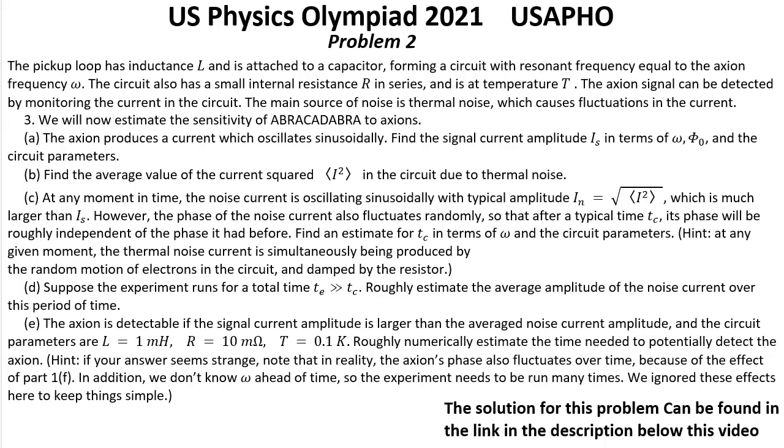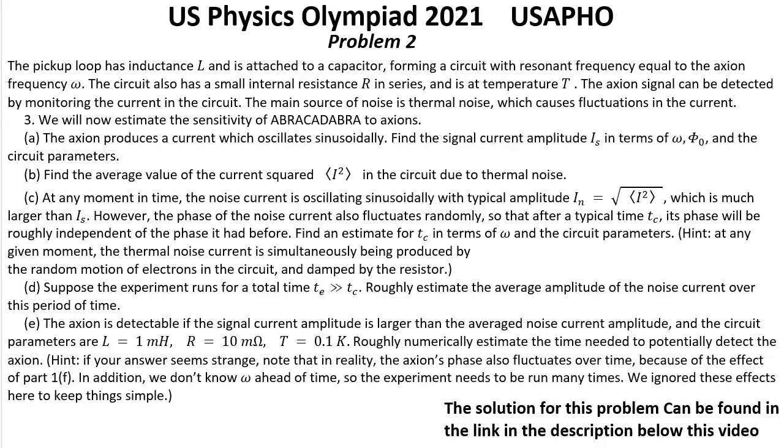D. Suppose the experiment runs for a total time T_e much greater than t_c. Roughly estimate the average amplitude of the noise current over this period of time.